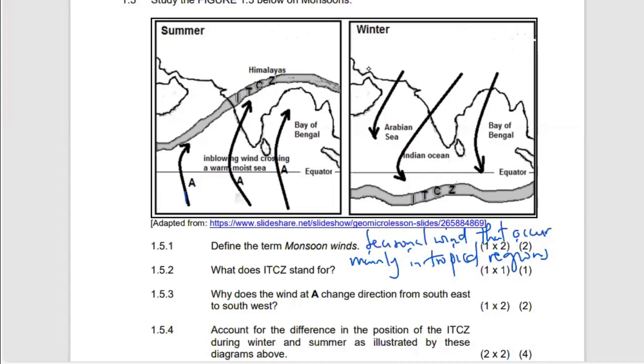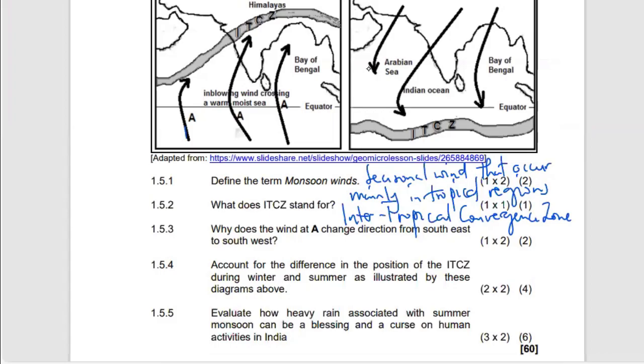What does ITCZ stand for? ITCZ stands for Intertropical Convergence Zone. That is the ITCZ, the Intertropical Convergence Zone. Right. Why does the wind at A change direction from southeast to southwest?